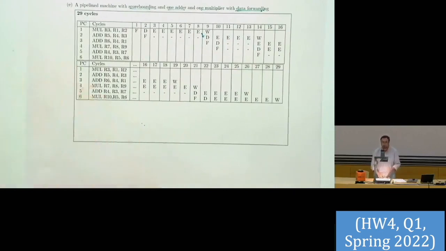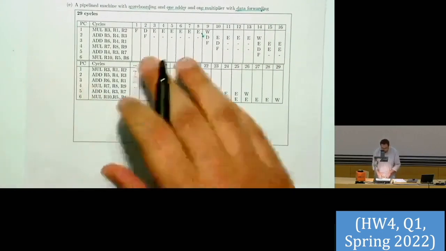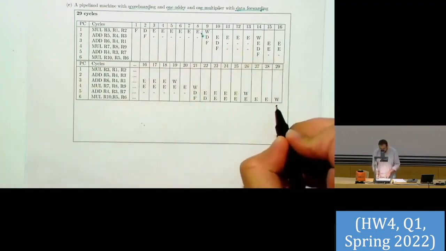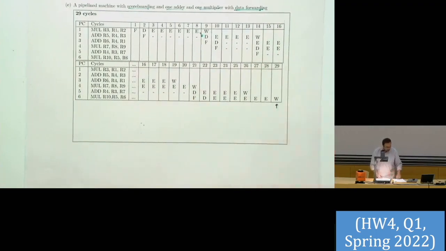Because it's just some redundant thing. And if you complete it, you will see that it's going to complete in the 29th cycle. And that's all of the pipelining question.